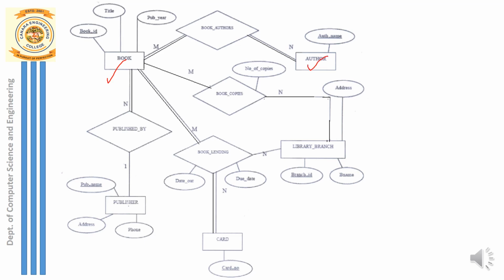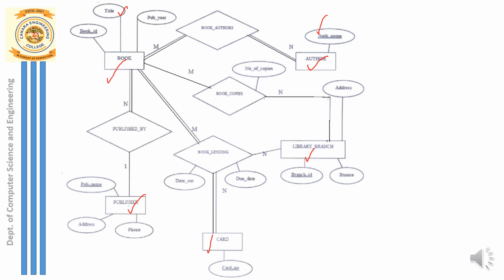You can see book, author, library, publisher, card, and finally we have the author table also. All these are entities represented inside rectangular boxes. For every entity we have the attributes defined here, and every attribute is represented within an oval. So the oval shape is used to represent an attribute.